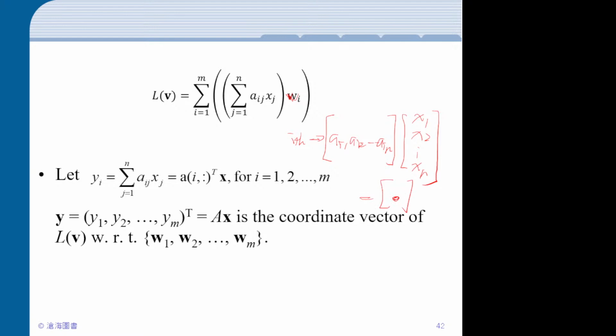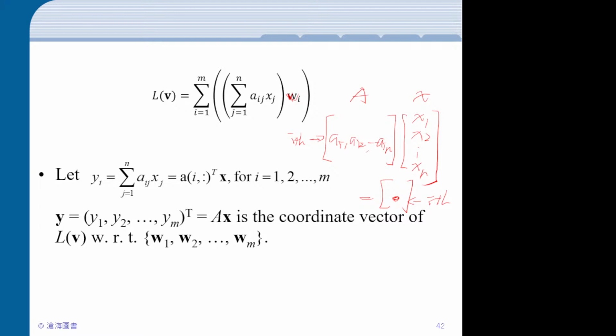Okay, so you think about the matrix A times your vector x, and the ith component of the output will be this sum a_ij x_j. Yeah. And here we write this funny notation.